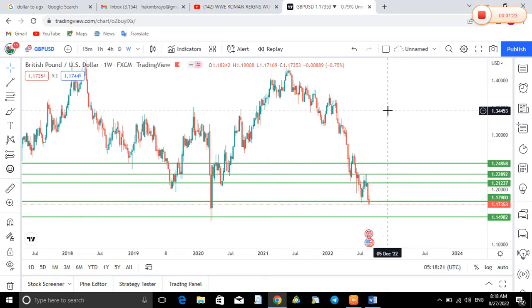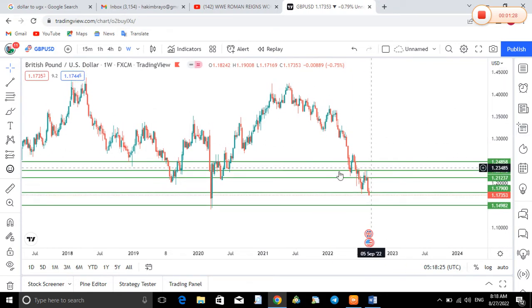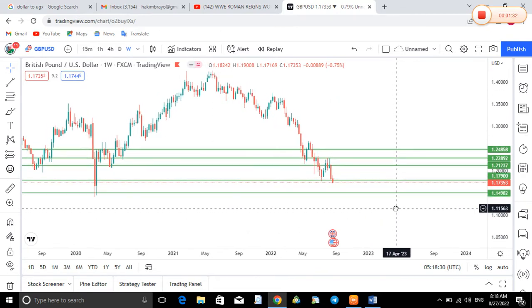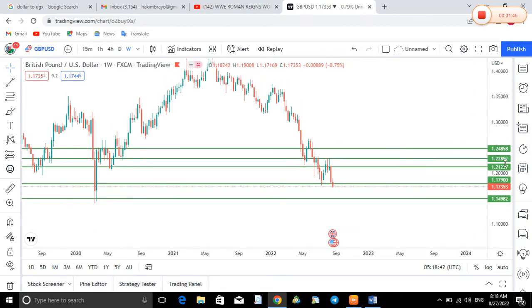Now if you try to zoom out, currently I'm in a weekly time frame. In a weekly time frame you can see that we have selling pressure from the sellers.